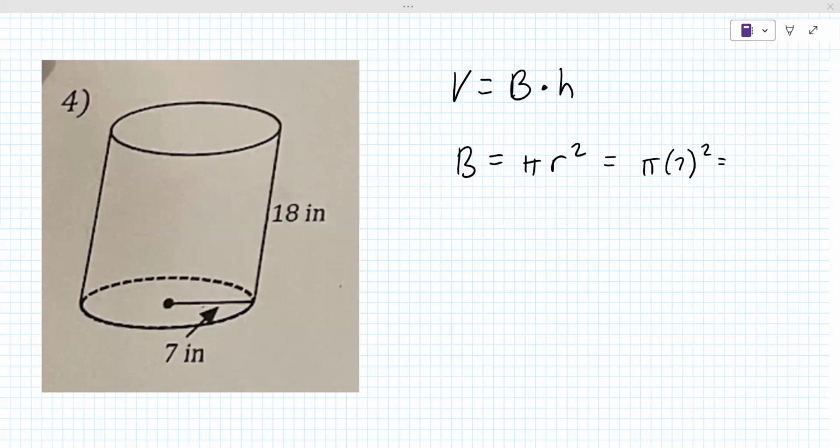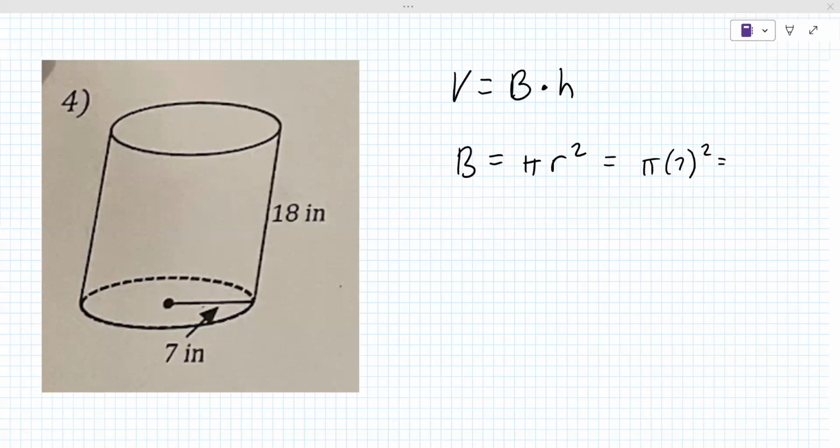We want to do this in stages. Go into your calculator and give me that answer to 2 decimal places, please.